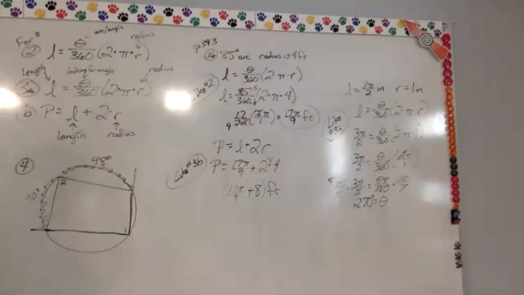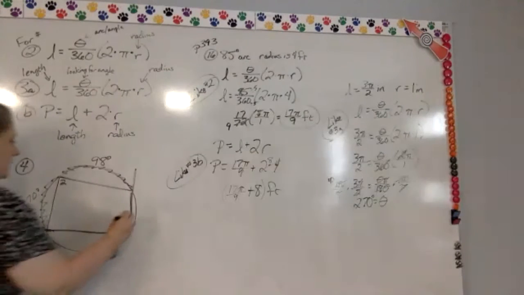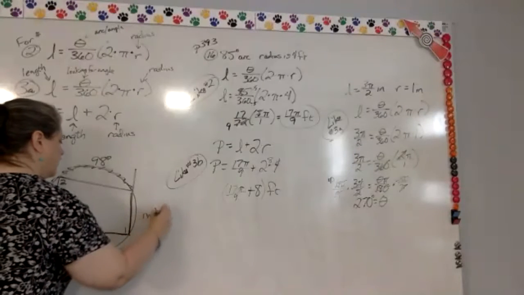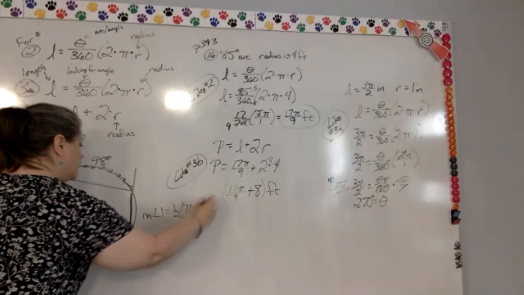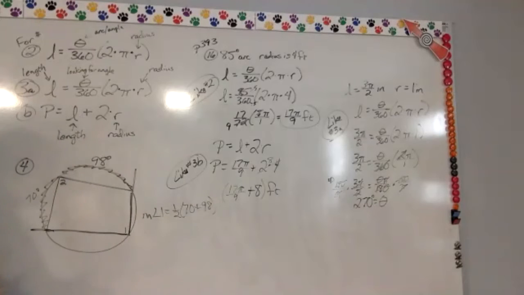So angle 1 is equal to half of that arc. So what do I have to do with these two pieces though? Add them together. So for the measure of angle 1, you will have half of those two things added together, okay?